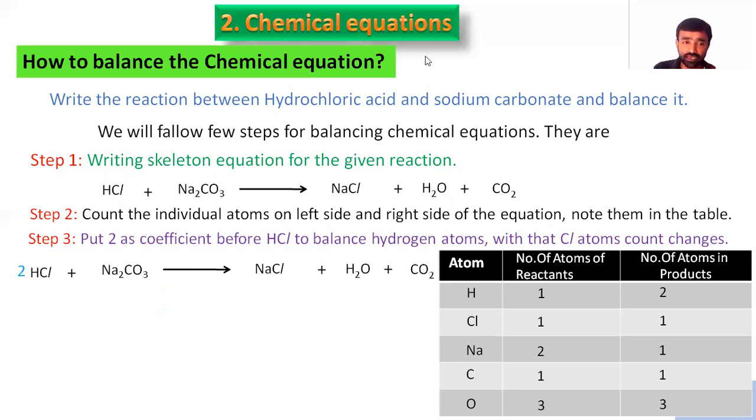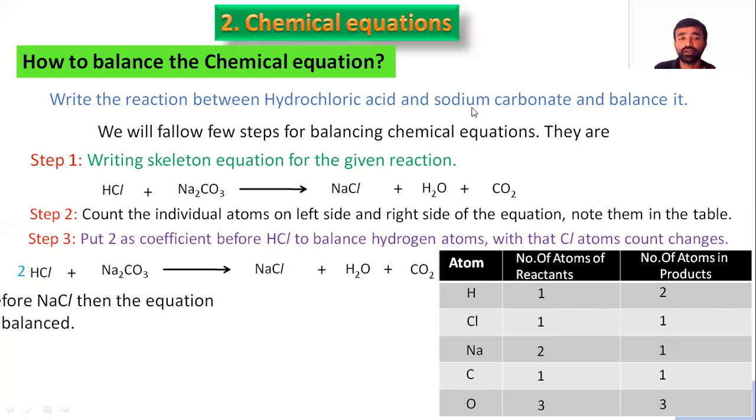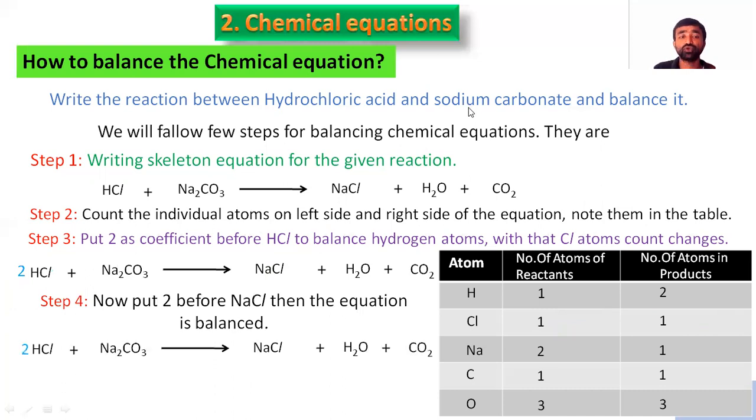Yes, changed. Chlorine was previously 1, but now 2 into 1 gives 2 on the LHS side. Then what about the RHS side? Only 1 is there. I need 2 here also. So I use coefficient 2 before NaCl, because Cl is present in NaCl. So 2 is written as the coefficient.